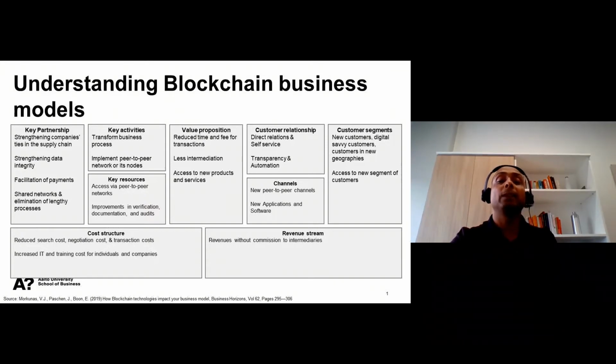The second element, key activities, focuses on what activities the focal firm implementing blockchain or digital ledger technology should focus on. The most important key activities in this regard would be to implement peer-to-peer networking securely and desirably.